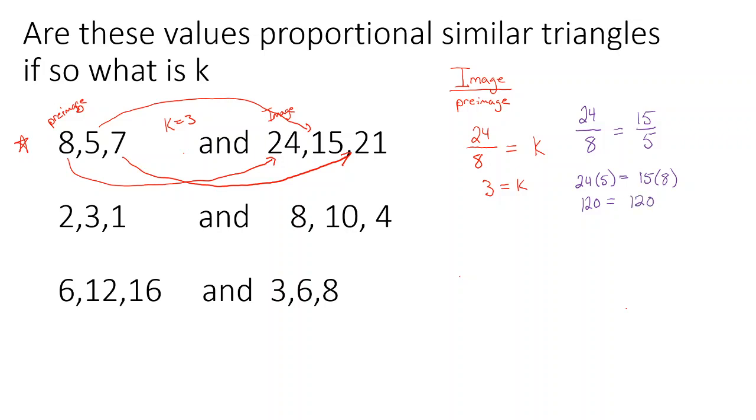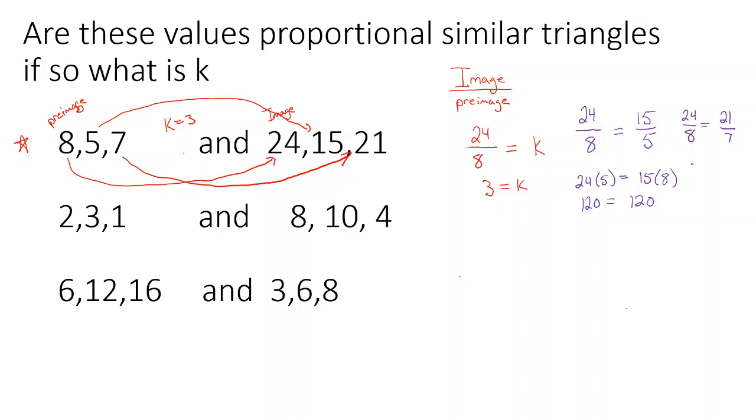So if the proportions work out, it can't just work out for two of the sets, it has to work out for all three. So you'd want to do that same process again, like with 24 and 8 as to 21 and 7.